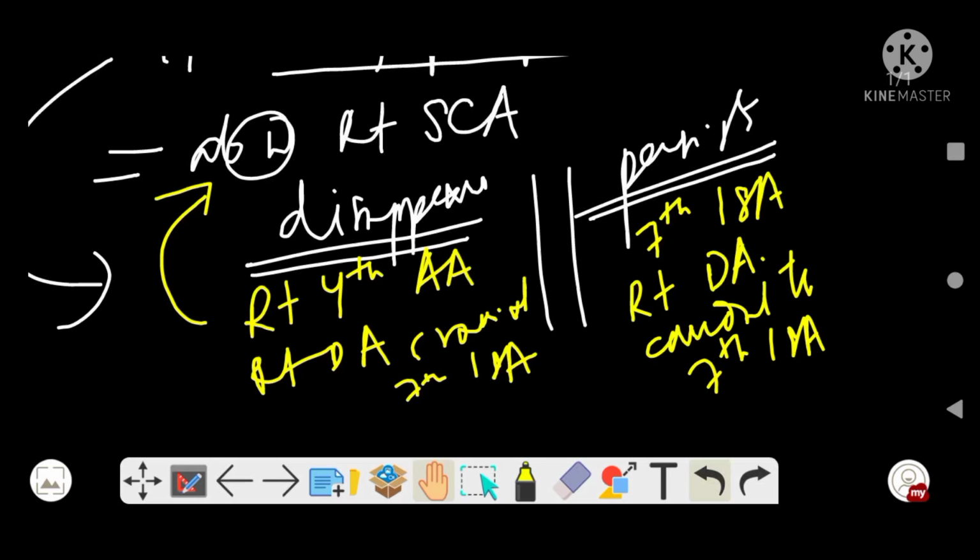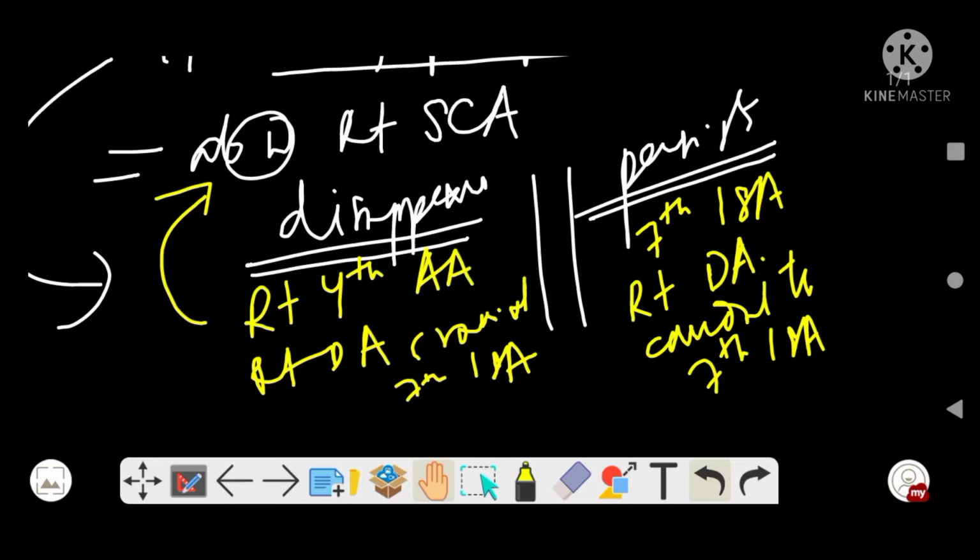And the structures that persist are the seventh intersegmental artery and the right dorsal aorta caudal to the seventh intersegmental artery. So with this you understood that the seventh intersegmental artery is supposed to disappear. When this persists, it gives rise to an abnormal right subclavian artery leading to dysphagia lusoria.